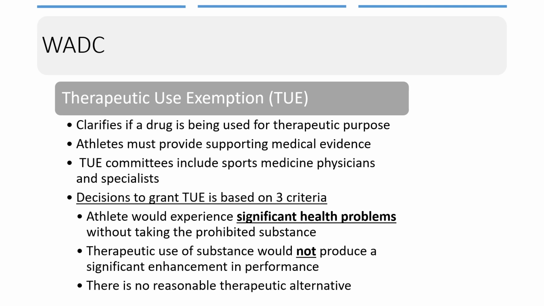And lastly, the committees assess if there exists no viable therapeutic alternative to the prohibited substance. The TUE process ensures that athletes with genuine medical requirements receive necessary treatment while upholding the principles of fair play.